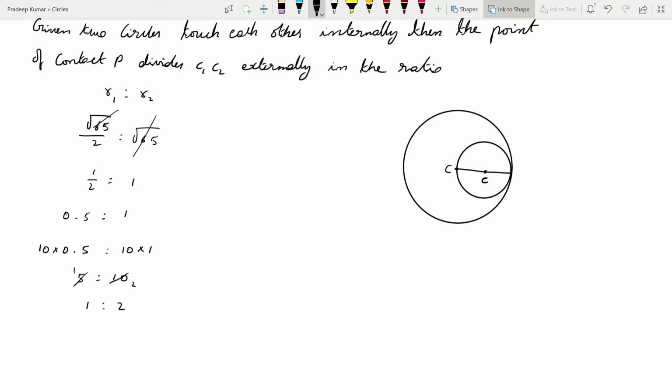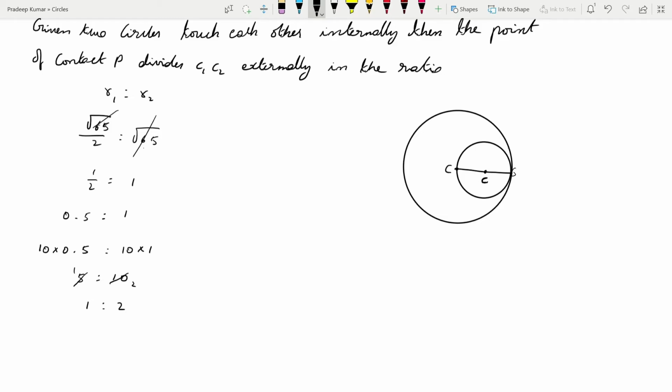The complete diameter of the small circle is the radius of the big circle. So the radius of the small circle is half compared to the big circle. So we got 1:2. So the perfect figure is this one. So we understood that the circles were touching internally.